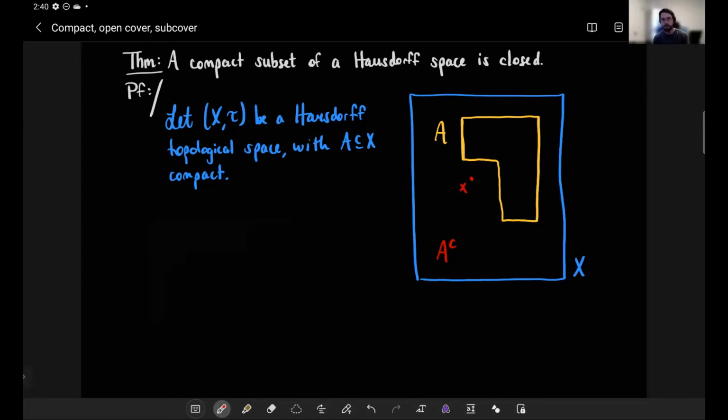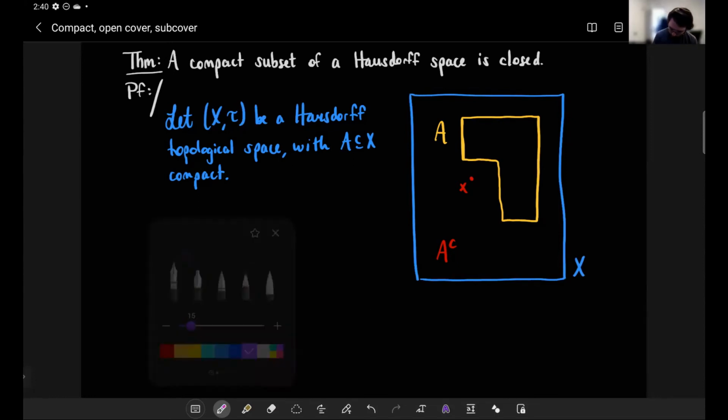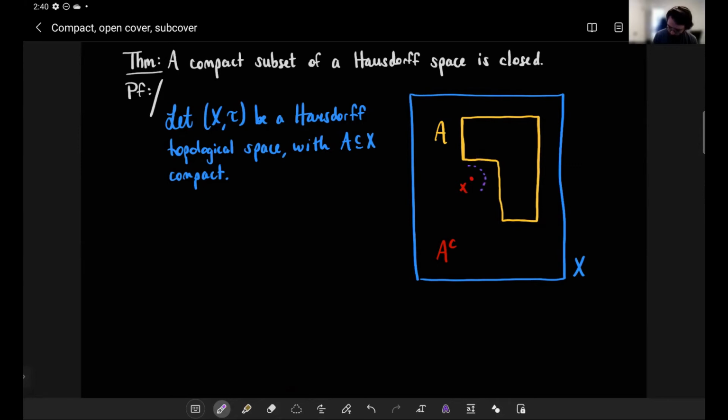So x is in the complement. The complement's the thing I'm trying to prove is open. And if I can prove that A complement is actually a union of open sets, then A complement itself must be open. So that's going to be my goal. My goal is going to be put some open set around x. That open set, maybe we'll call it U, will exist completely within A complement. And that would mean x is an interior point, so A complement is equal to its own interior, and the only time that happens is if you're an open set.